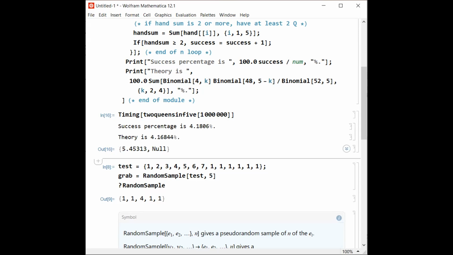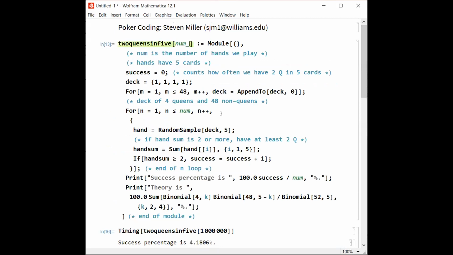So for instance, again, I'm just trying to show you some coding techniques right now.